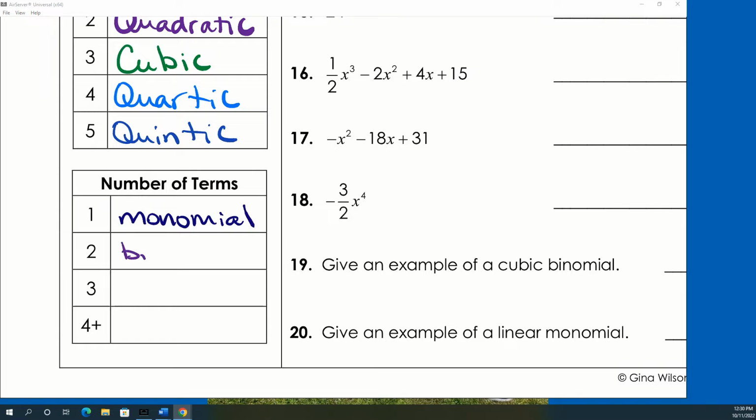Binomial for 2. What about 3? Trinomial, good. And then more than 3, we just call polynomials. They're all polynomials, but more than 3, there's not a special name for them.